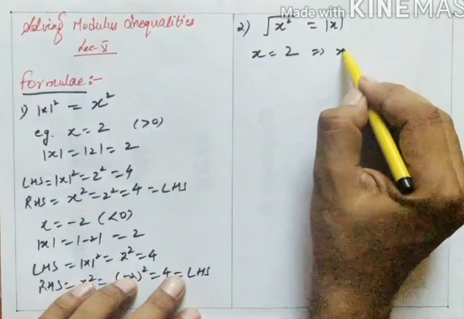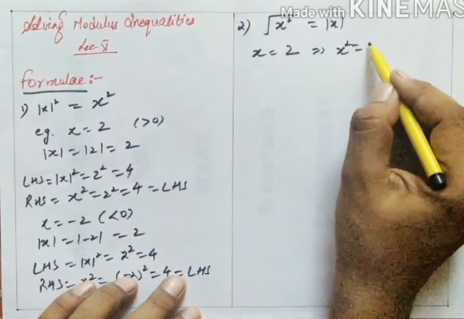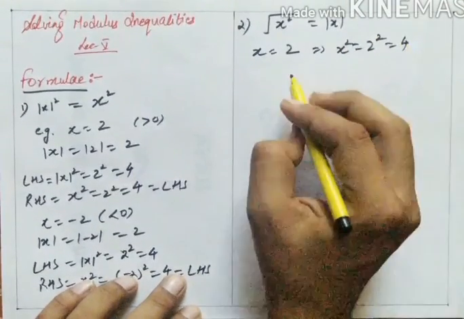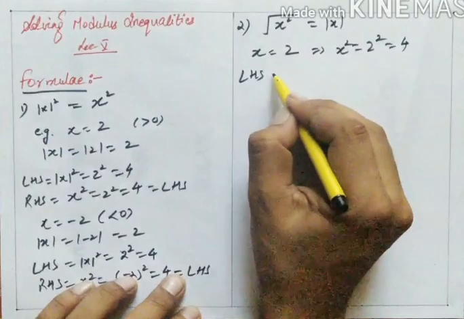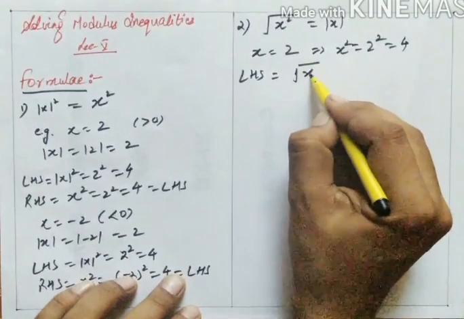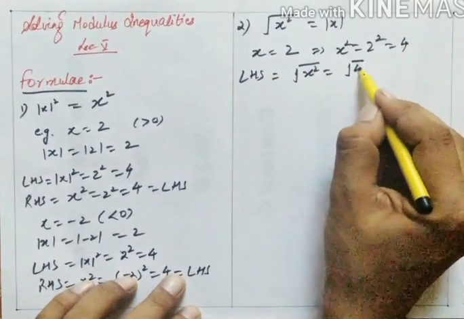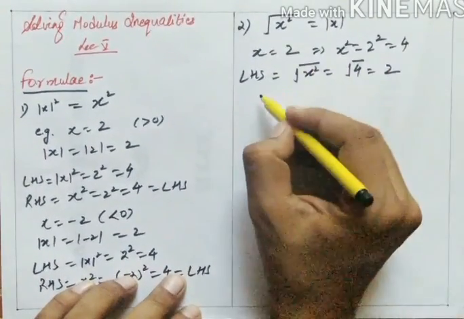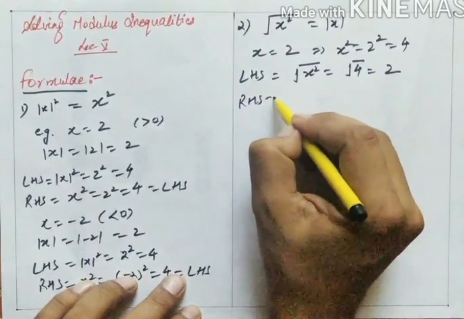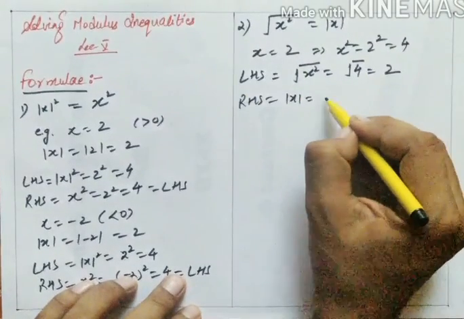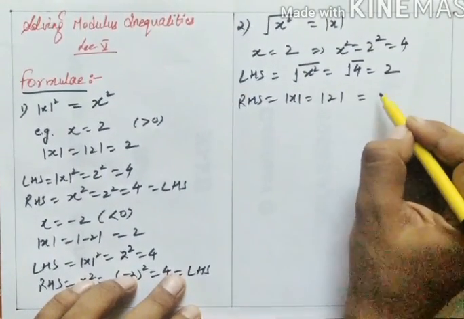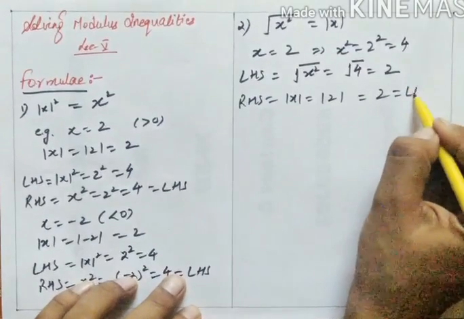This implies x square will become 2 square, that is 4. Now let us put in LHS. LHS is equal to root of x square, that is root of 4, that is simply 2. And let us put in RHS, that is mod of x, that is mod of 2, that is simply 2, that is equal to LHS.